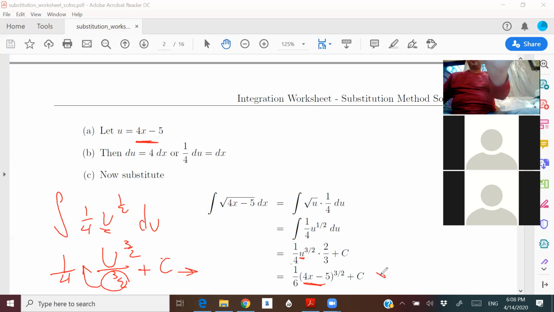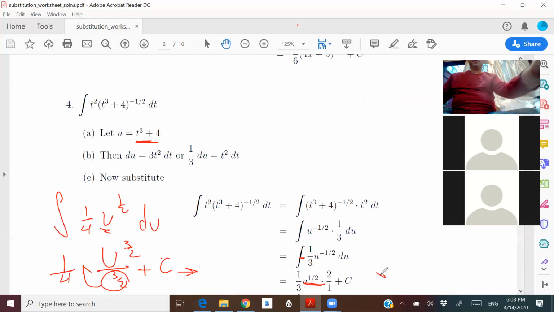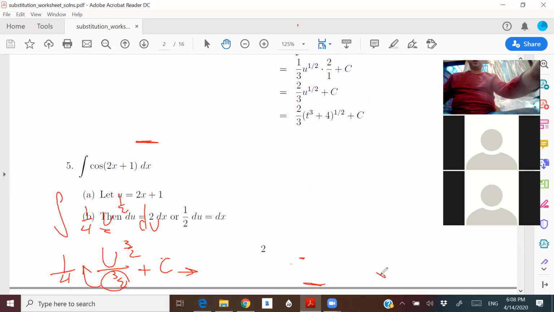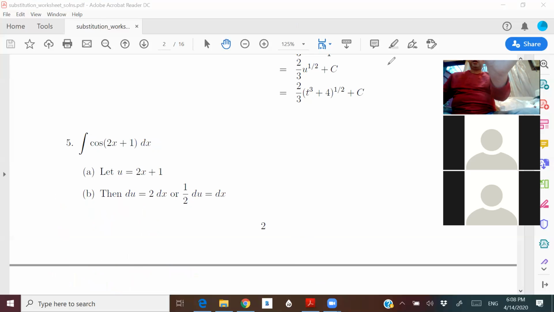That's why I can use the substitution way for polynomials or normal functions. But here is a trigonometric function: cosine of (2x + 1). It is easy to integrate cosine x, which gives sine x.